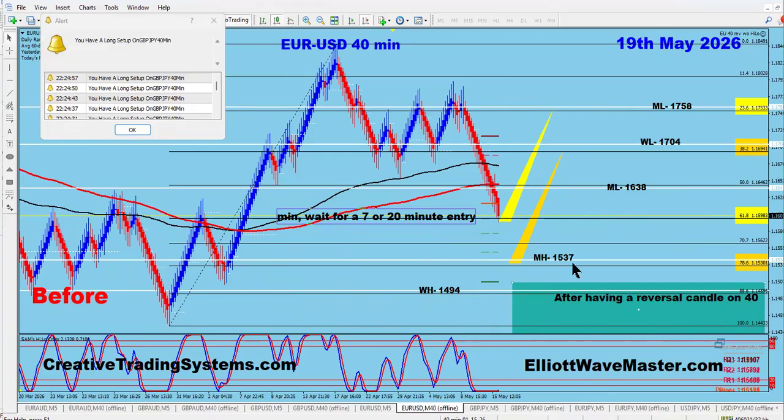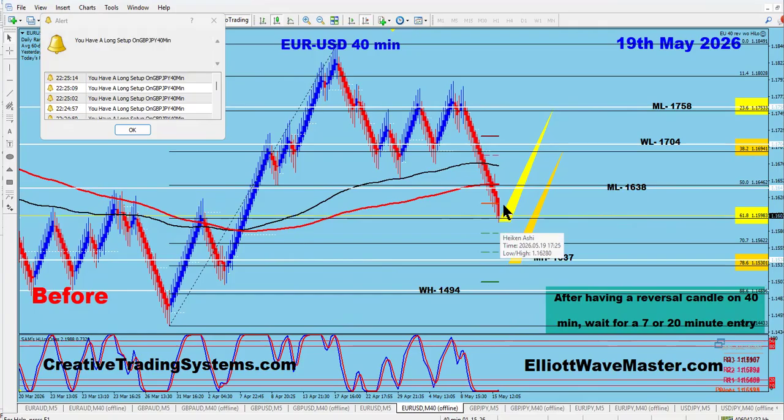After having a reversal candle on the 40-minute chart, which is this one right now, it's supposed to give a 7-minute entry, first entry, and then a 20-minute entry. Let's say if it starts bouncing, then 3 blue candles will be right here somewhere. Then we should be able to get a 7-minute entry, and then the 20-minute entry should be somewhere here. Either you take this one and hold on to it, or take this one and also this one.